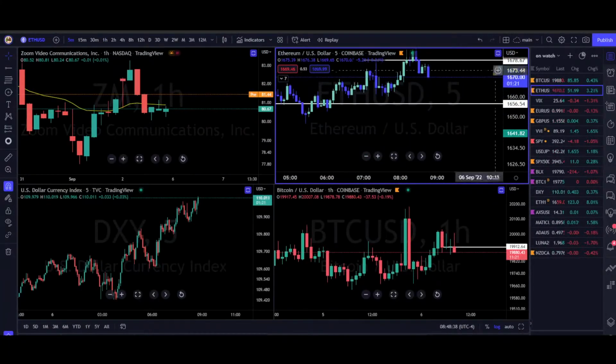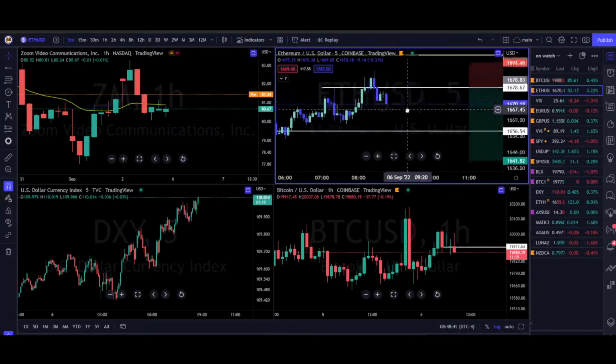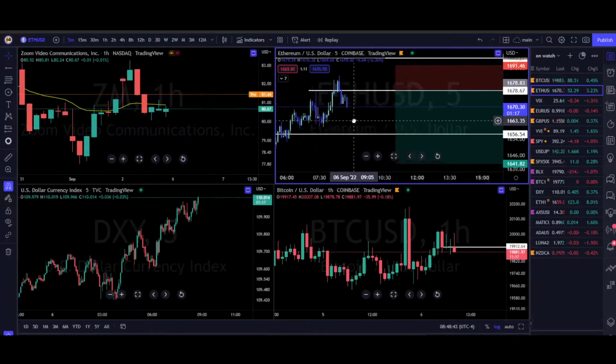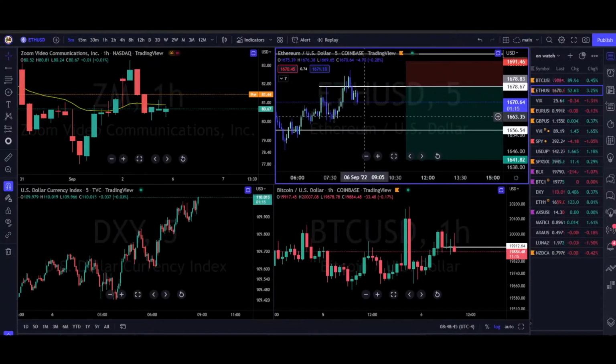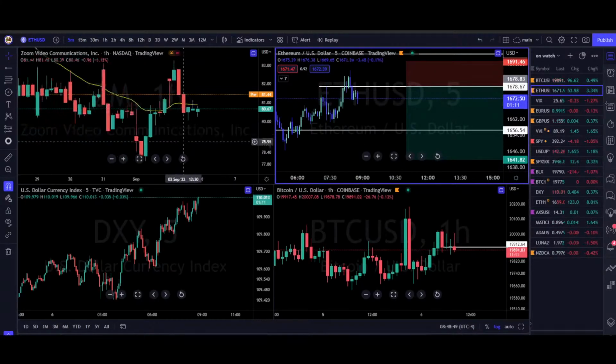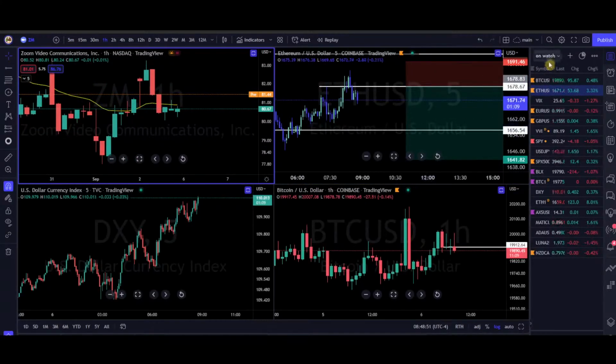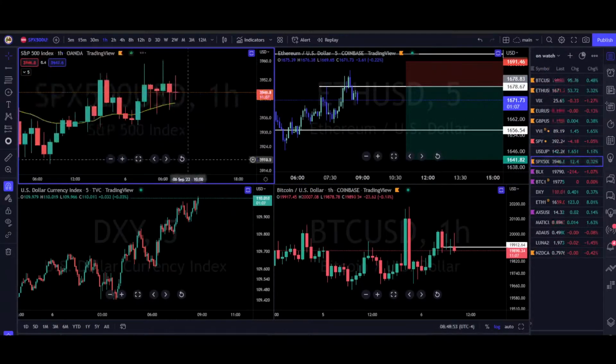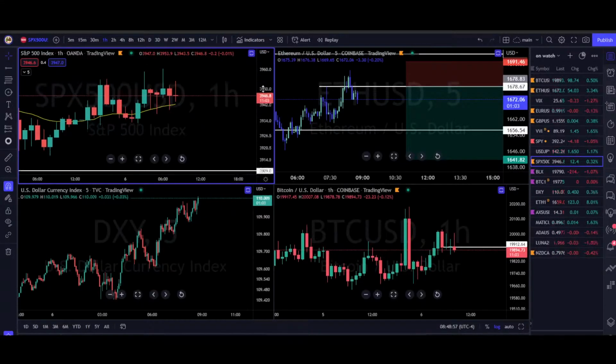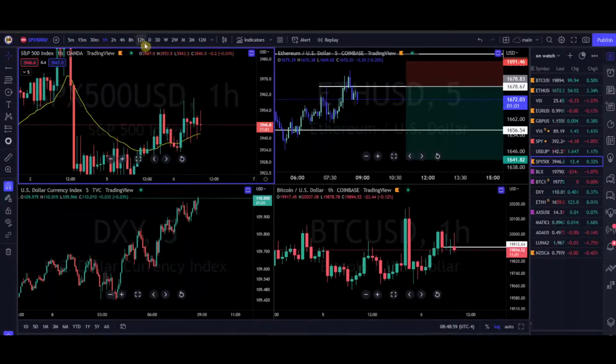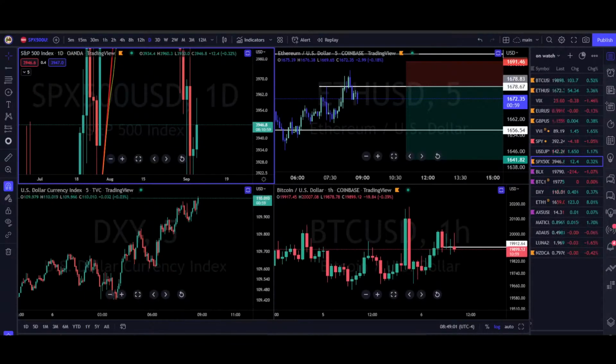So you haven't got back up there yet. So even if you were looking for that entry, you have not been able to get there. SPX is stalling at daily supply.